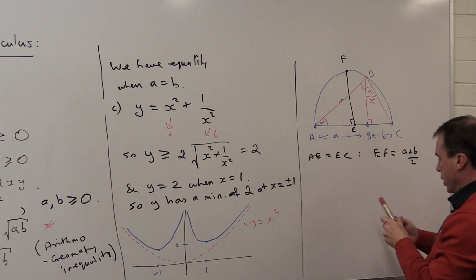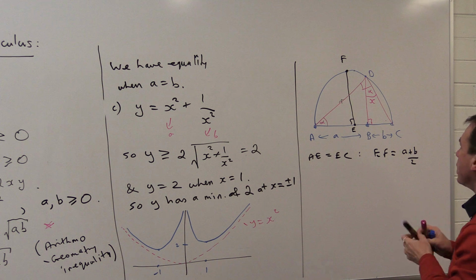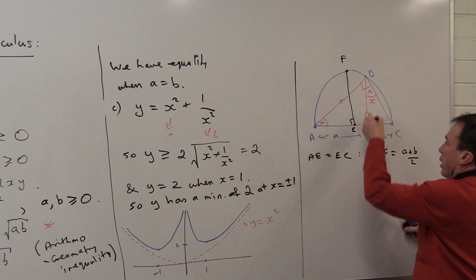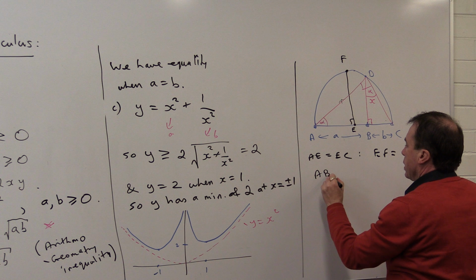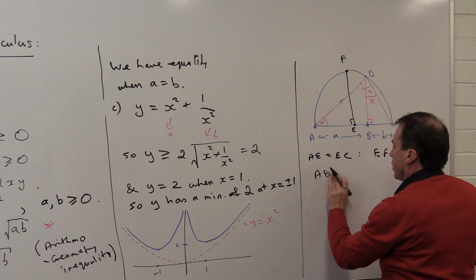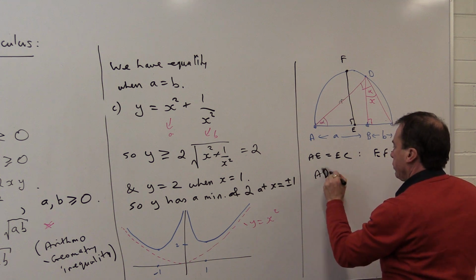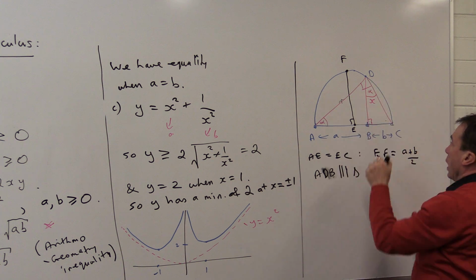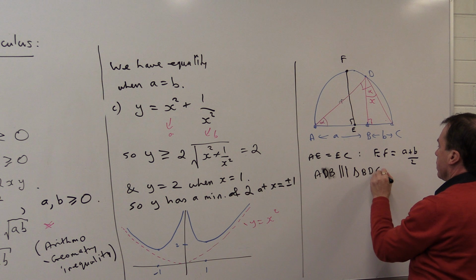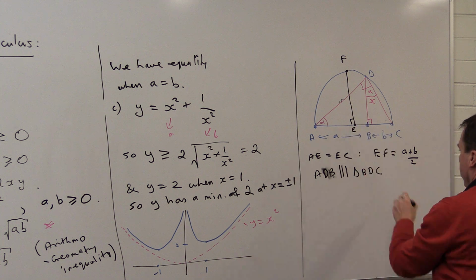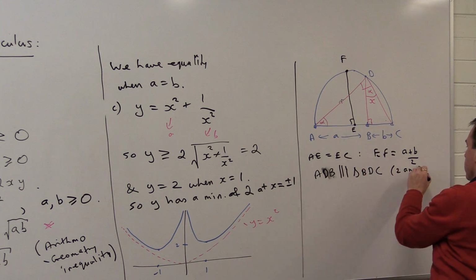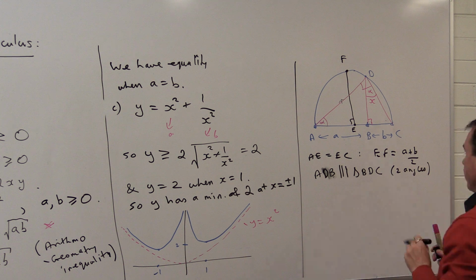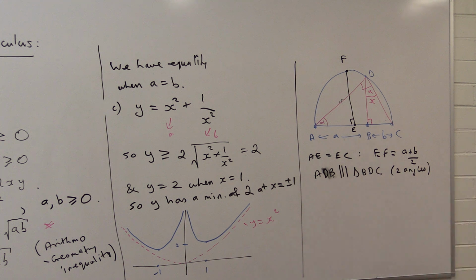And so from that we can see two similar triangles here. So this triangle ADB is going to be similar to the triangle BDC, because they have two pairs of angles. They've got a right angle and they've got the angle alpha the same.